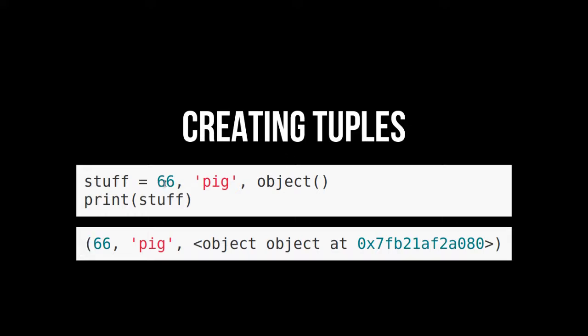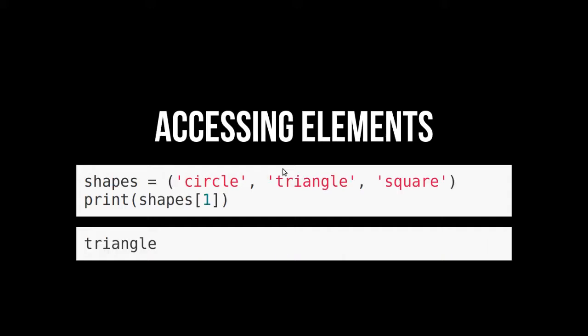And notice you basically just give each one of the elements separated by a comma, and then you assign it, and Python does the rest for you. You can also be a little bit more explicit and surround them with parentheses, which maybe sometimes helps other developers. Python doesn't really care either way.